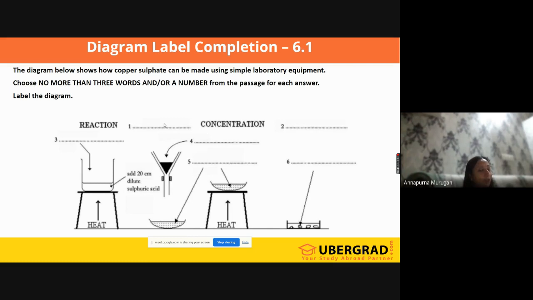Don't try to look for one and then two. You should not go in sequence. That is the reason I said have a look at the picture, not at the numbers here. Yes, it is a big trap. This is what they do here. Okay, so now the third answer is copper oxide powder.